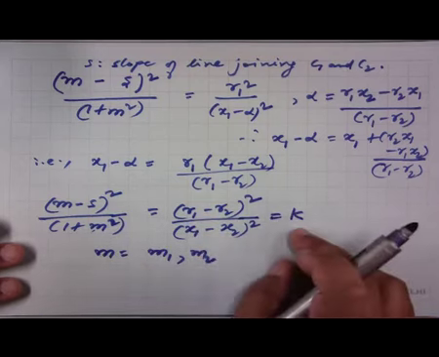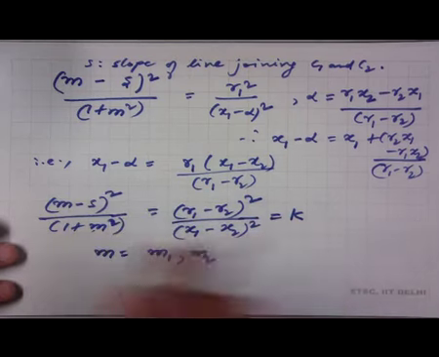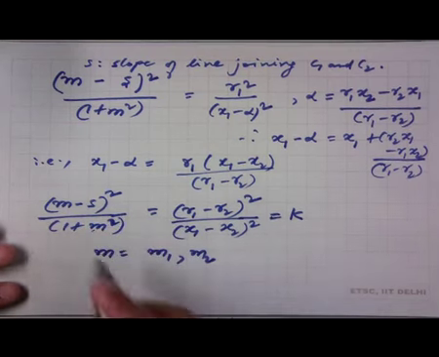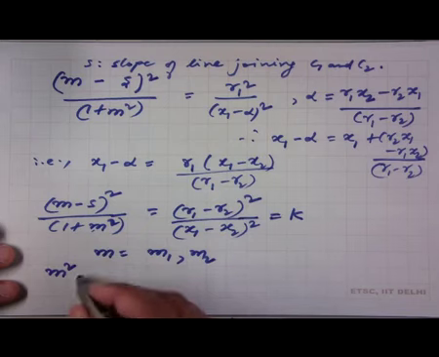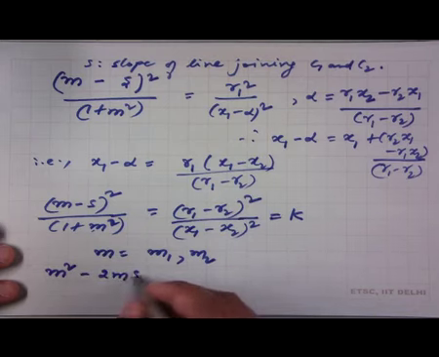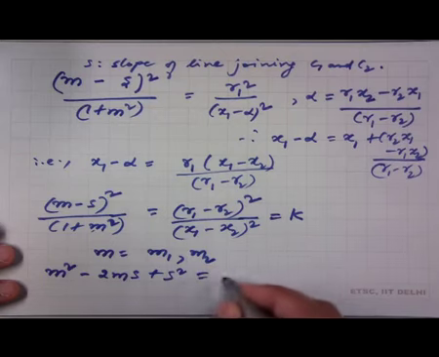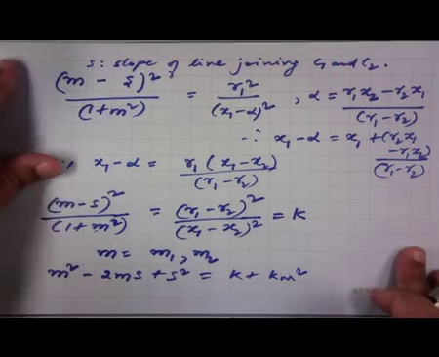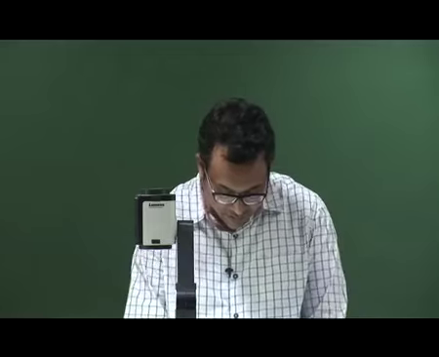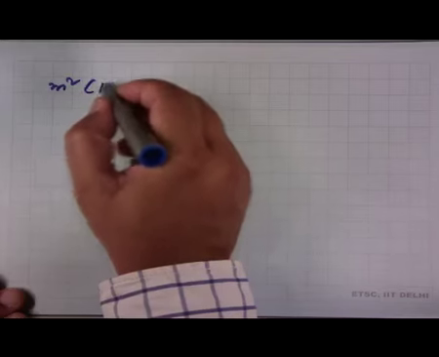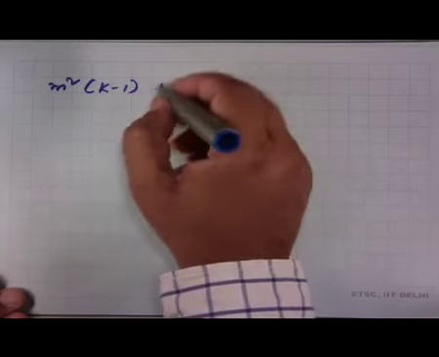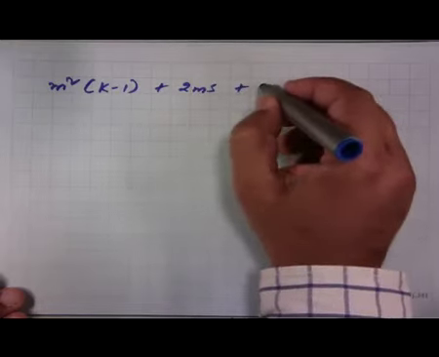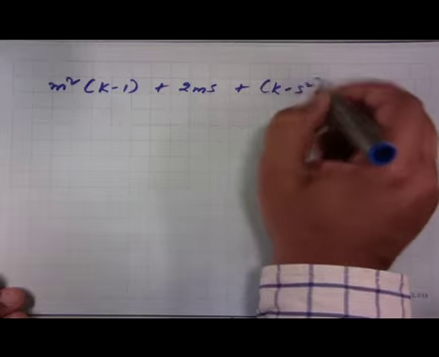So, we have m minus S whole square by 1 plus m square is k, and therefore it follows that m square minus 2mS plus S square is k plus k m square, and that can be further written as m square into k minus 1 plus 2mS plus k minus S square equals 0.